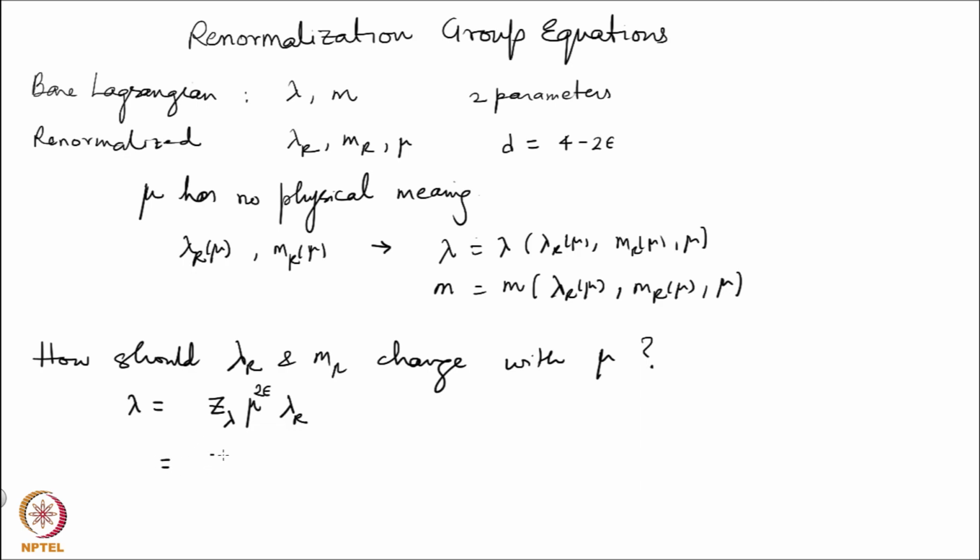Now I should be writing it more explicitly, so I will write all the arguments of Z lambda. So Z of lambda will be in general a function of lambda r, which in turn is a function of mu, will be a function of m r, which again is a function of mu. Okay, the renormalization scale mu can also appear explicitly, and of course you will have epsilon also appearing in the argument.